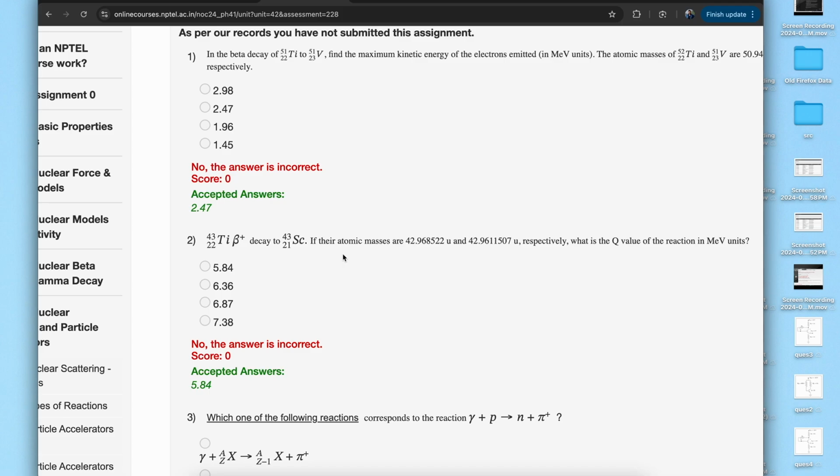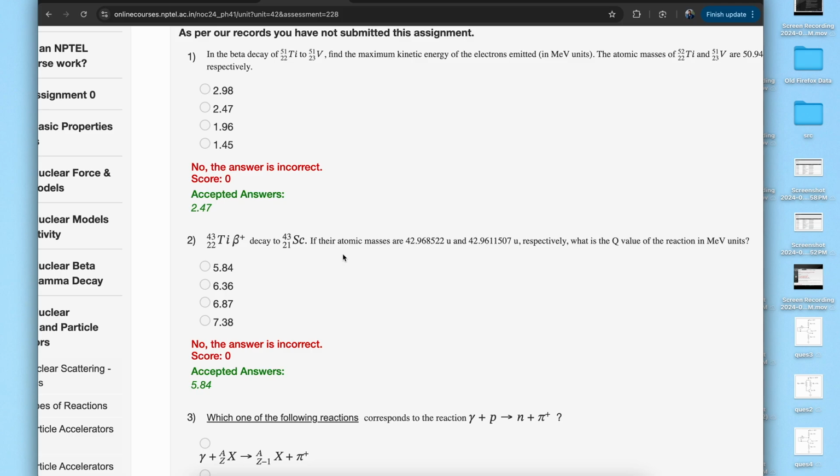So the Q value for this will be Z times mp plus (A minus Z) times mn, minus these things for the daughter.